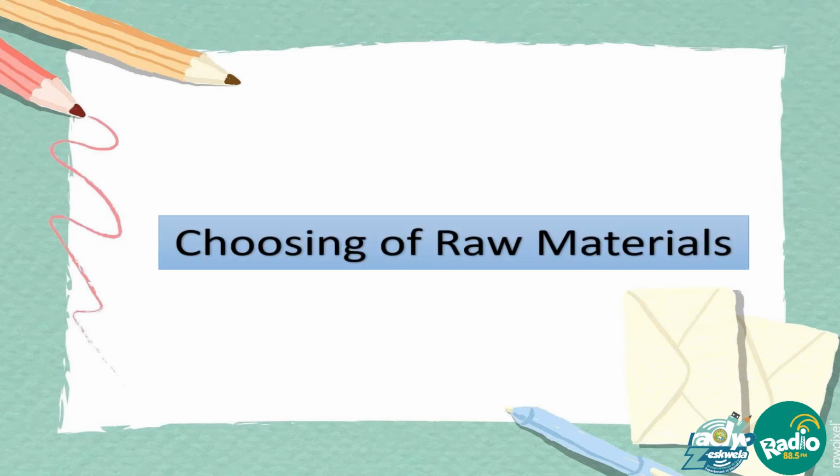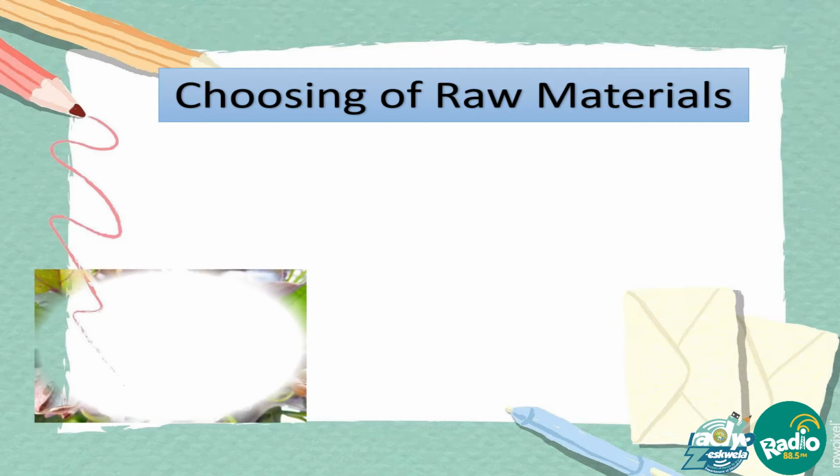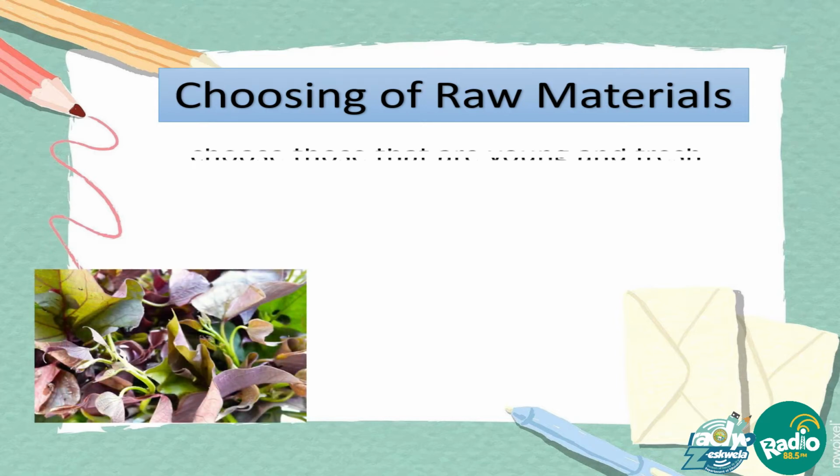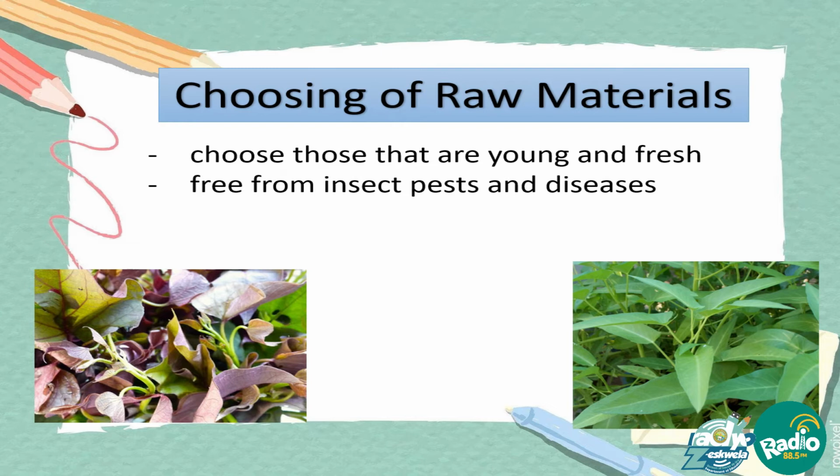In choosing raw materials for FPJ, we must consider the following things. Number 1, choose those that are young and fresh. Usually, it is recommended to gather materials early in the morning while the plant materials are still fresh. Second, it must be free from insect pests and diseases.